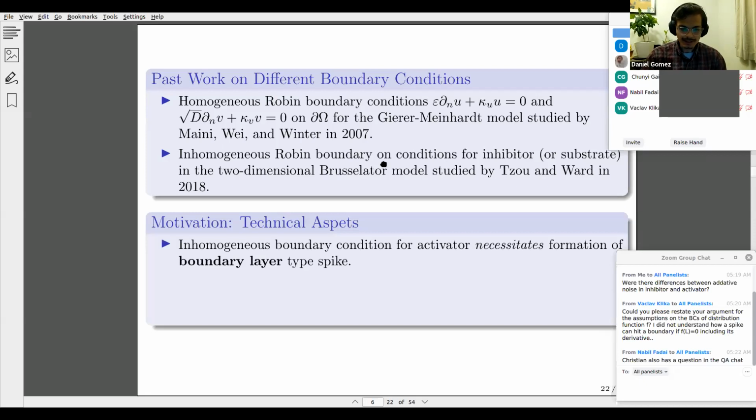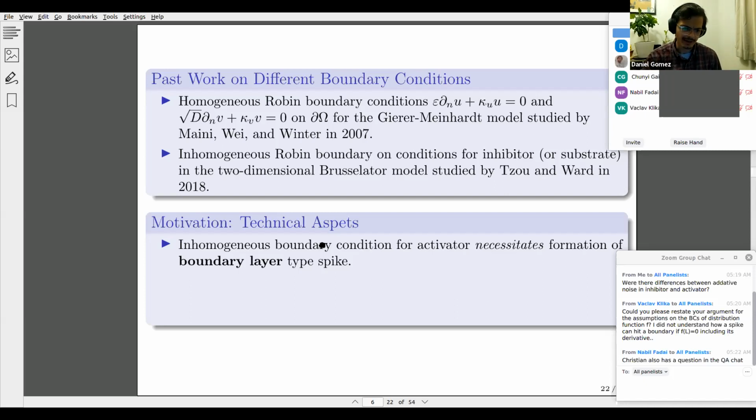So some other motivation for why specifically we looked at the activator is that by introducing an inhomogeneous Neumann boundary condition, it necessitates that spikes actually form at the boundaries. So when there is no activator flux, typically you find, as Chunyi showed us, that the spike will concentrate at the center of the interval, and it typically will not move. It can undergo other types of bifurcations, but it'll remain fixed at the center.